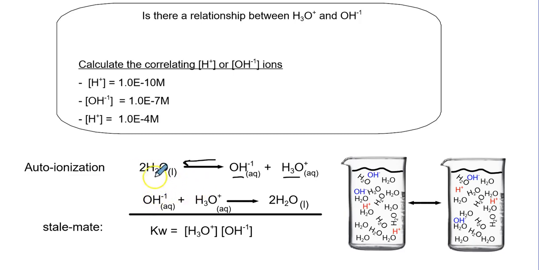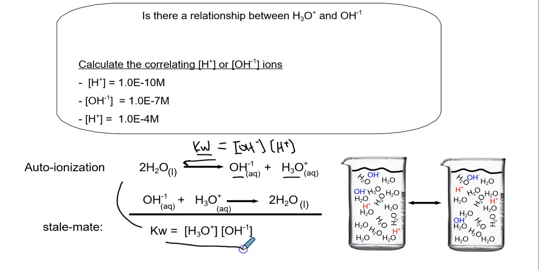If we were to write out an equilibrium expression for this, it would look like this. You take your products, the concentration of OH minus times the concentration of H plus ions, and that equals what's called your Kw.